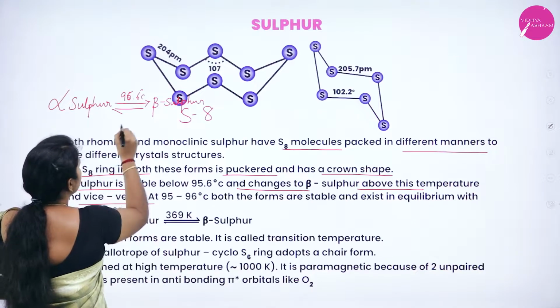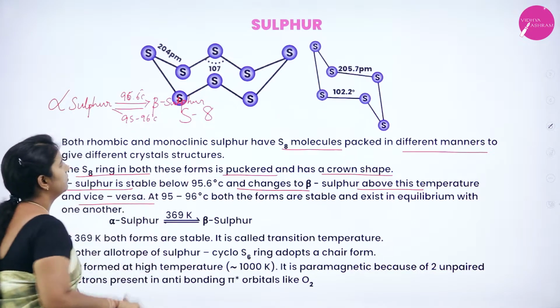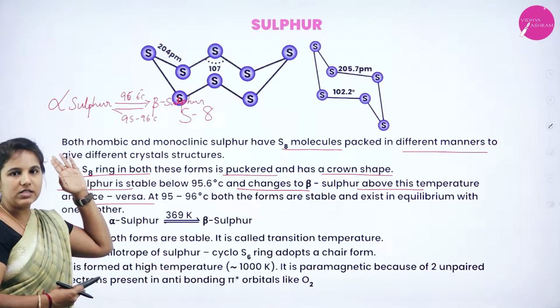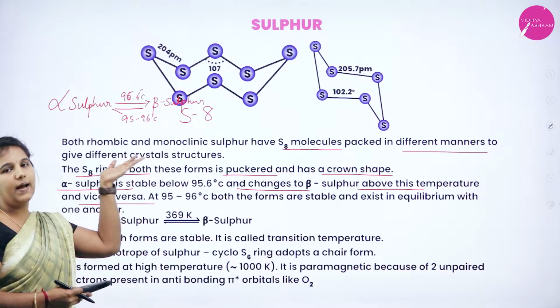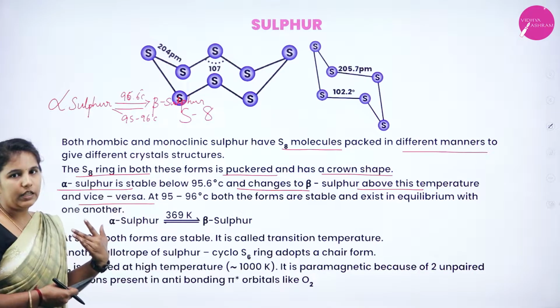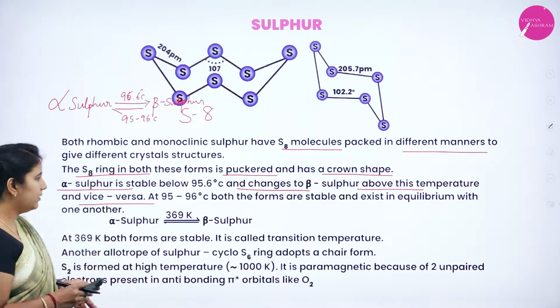Similarly, vice versa, that is from 95 to 96 degrees. So, if you take the alpha sulfur and start heating, you will get the beta form. Similarly, if you take the beta form and start cooling, you will get the alpha form. So, this is a reversible reaction.